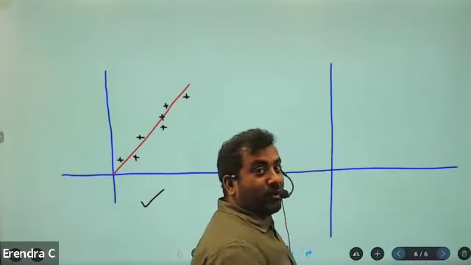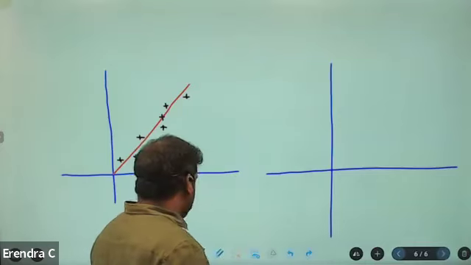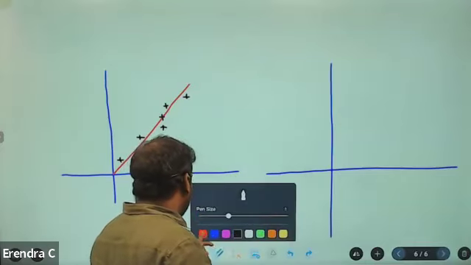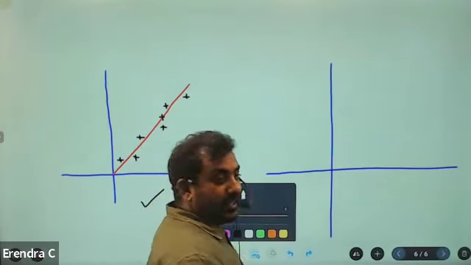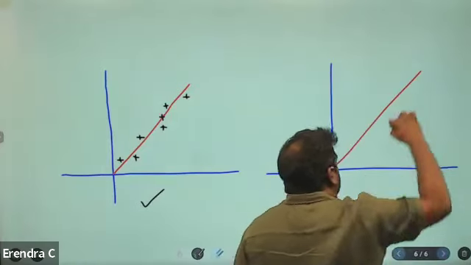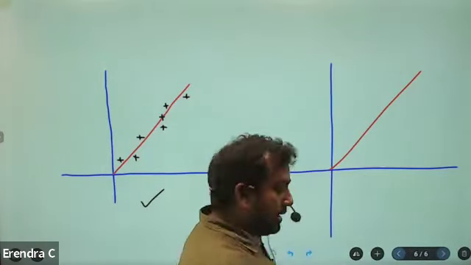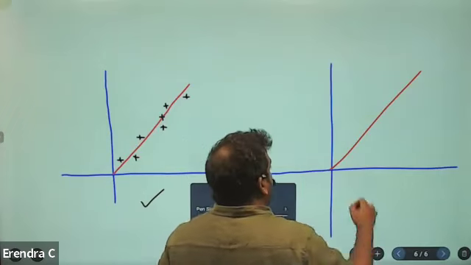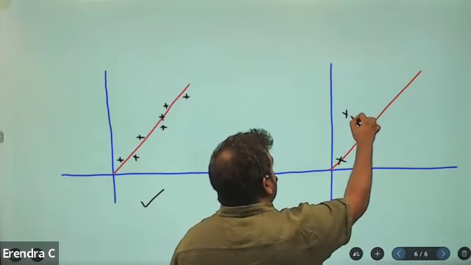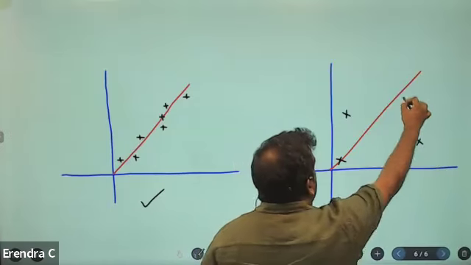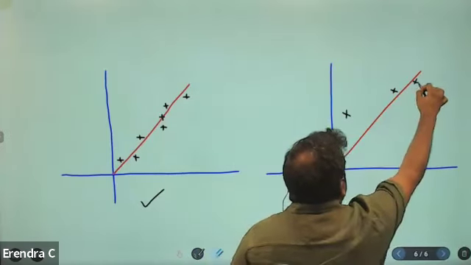Now, if you draw a regression line like this, these are things you all don't know. Look very carefully. Now you draw a line like this. One of your points is here, other point is there, other point is here, point is there.